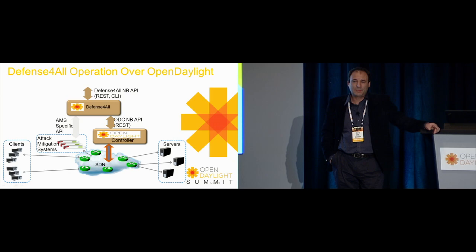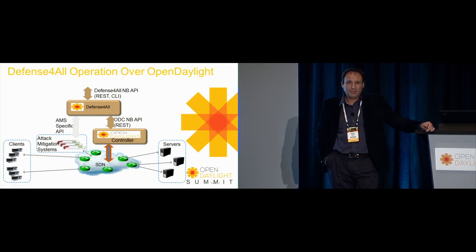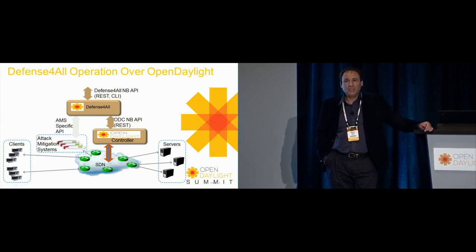Again, there are several types of customers that are being addressed and considered. Service providers, enterprises, cloud providers, each having similar but possibly different requirements in terms of capacity, what is being protected, and the type of mitigation required.